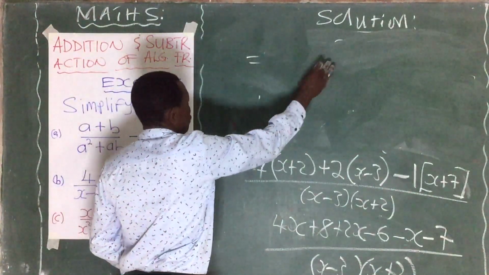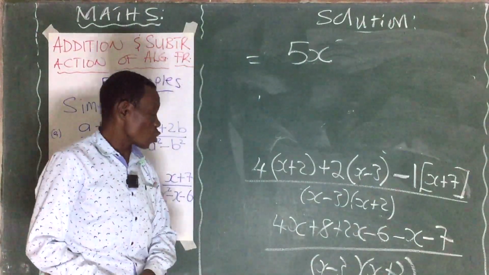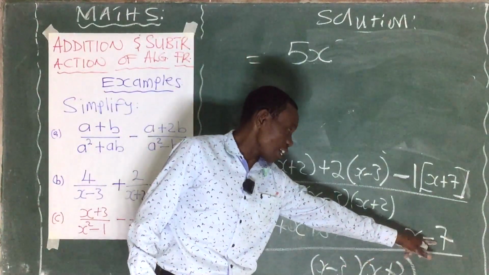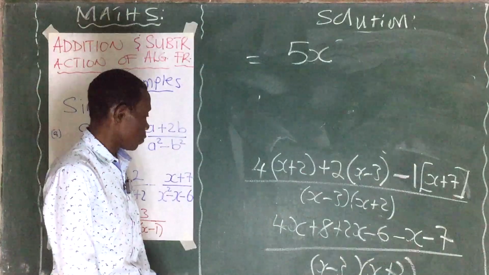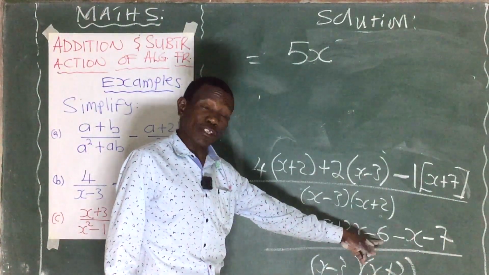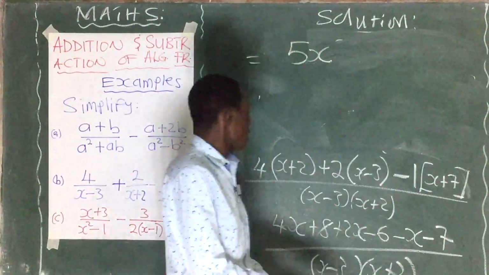So it means the result on the numerator there, we have got 5x for the first group of the like terms. We also have got 8, negative 6, and negative 7 as like terms. So let us also simplify them as such. So it means we have got 8 here, minus 6, that gives us a 2. And that 2 should subtract a 7.